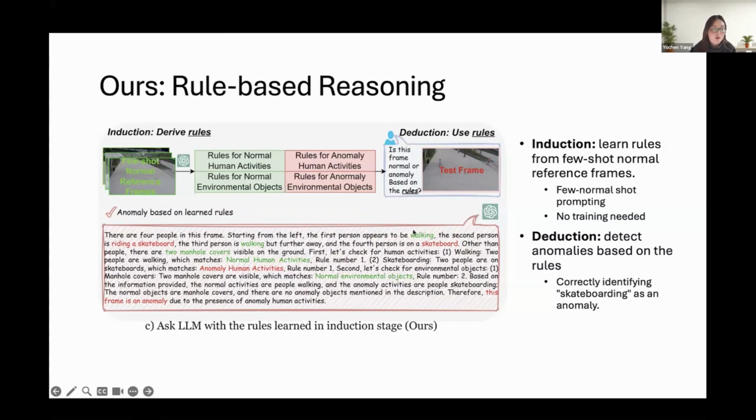For example, this is the deduction result for a specific test frame, and the answer will describe what people are doing in these images, what other environmental objects there are besides the people, and which activities fall into the anomaly rules and thus lead to the anomaly detection results.